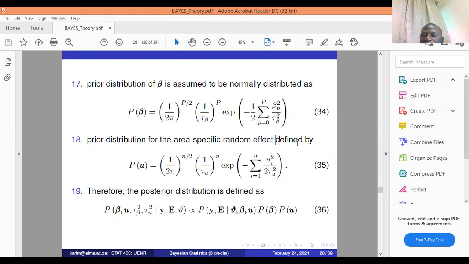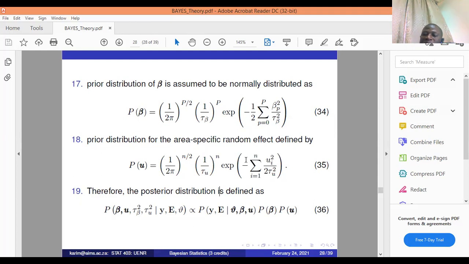And then the prior distribution for the random effect, so we are using n. Remember the parameters are up to p, and then the residuals are up to n, because the residuals are equal to the number of areas that you are dealing with, or the number of people that you are dealing with. So we have n over 2 of that, and then the variance for the residual is tau u, and all that to the power n.